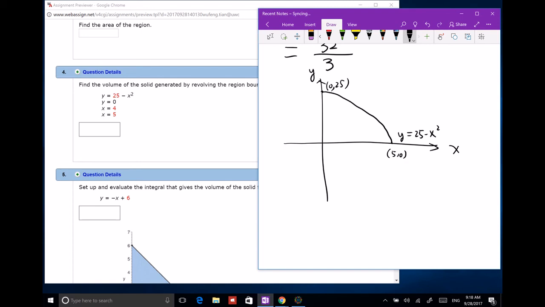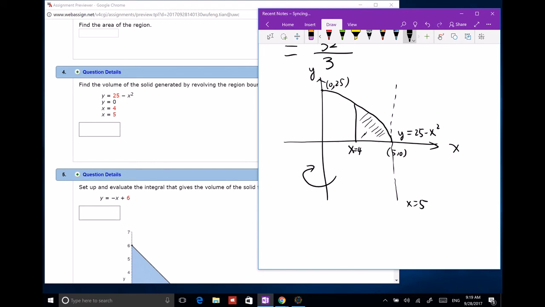Now you have x equals 4. So it's from here and also here. So we're looking for this area. You revolve this with respect to the y-axis. Question? X equals 4 to x equals 5, so it would be 2 lines. Yeah, like this.